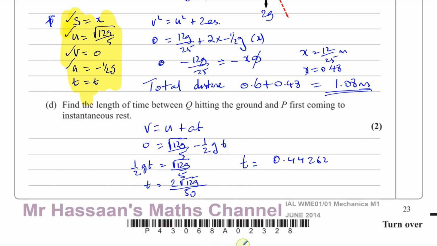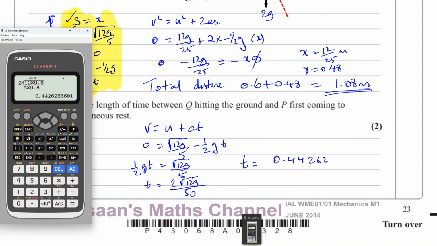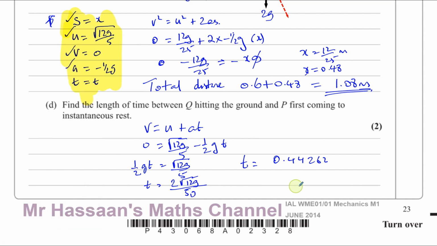Okay, just to make sure that's correct, 0.44262, yes. So we're going to round this to 3SF, 0.443 seconds. We could write it to 2SF, 0.44 seconds if we want to, but that is fine. 3SF is always the safest option. This will always be acceptable unless the question is stated otherwise. So there's the answer to part D.